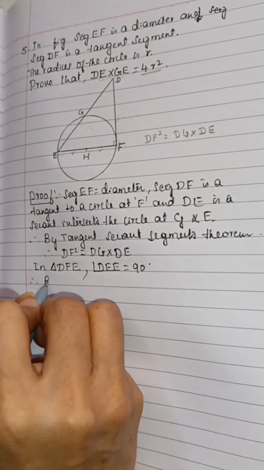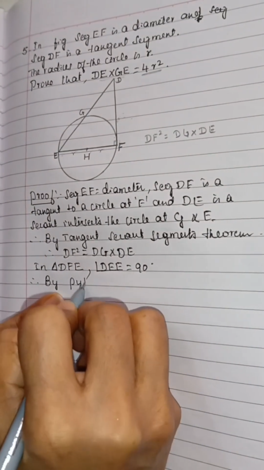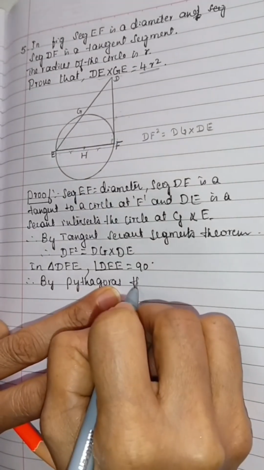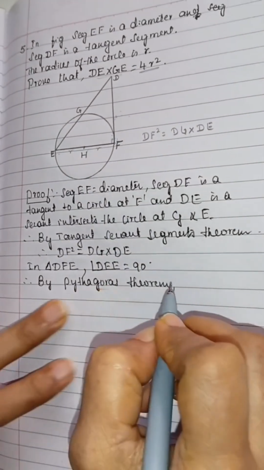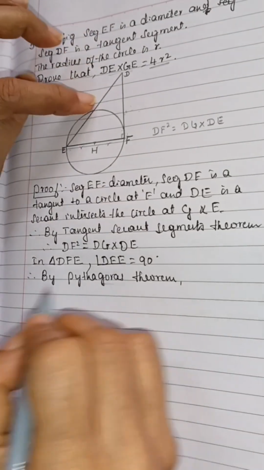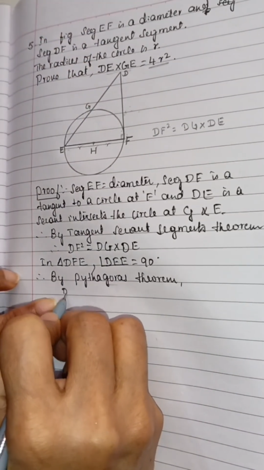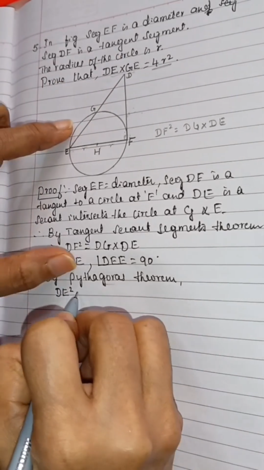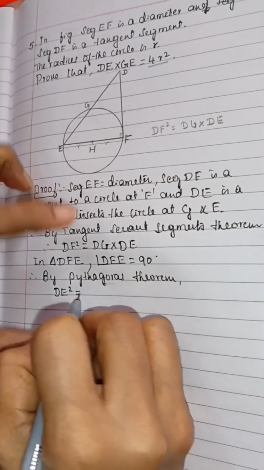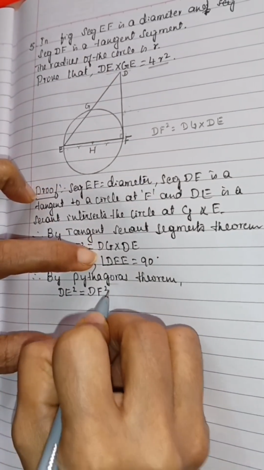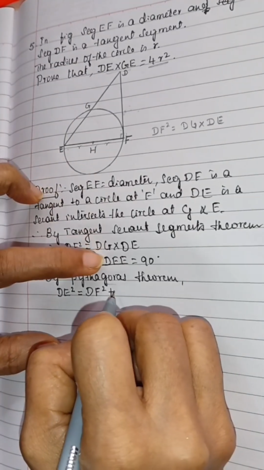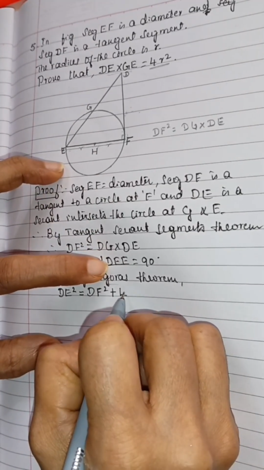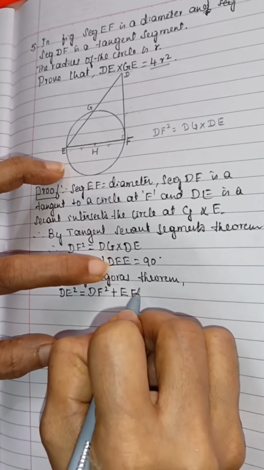Therefore, by Pythagoras theorem, hypotenuse square DE square equal to DF square plus EF square.